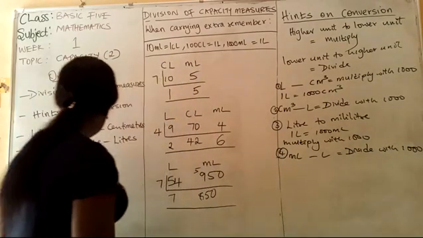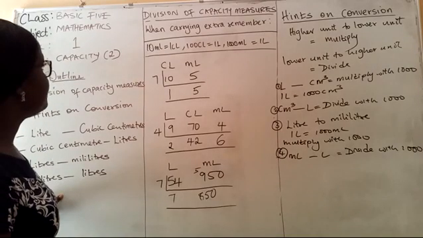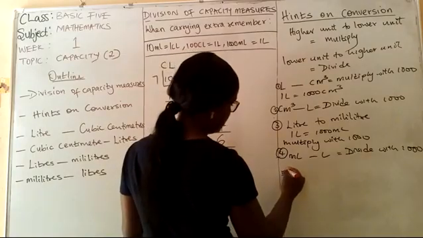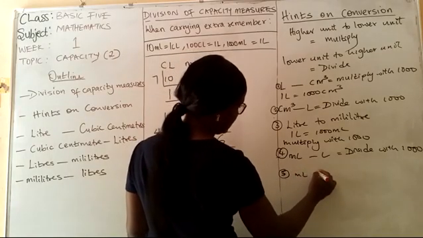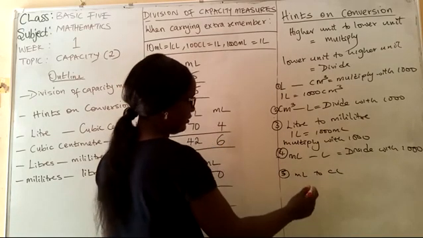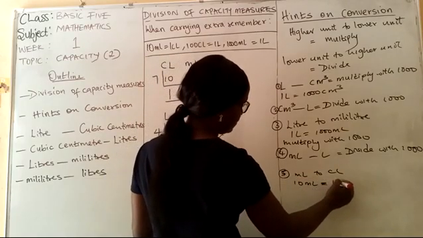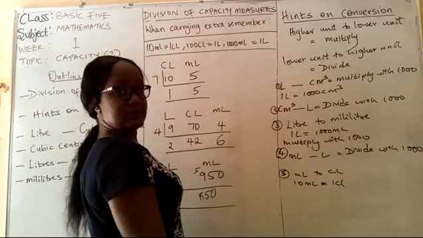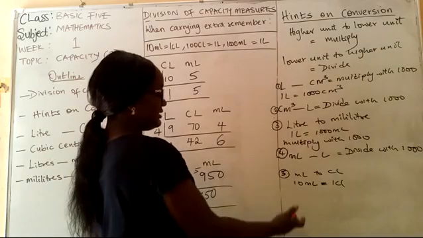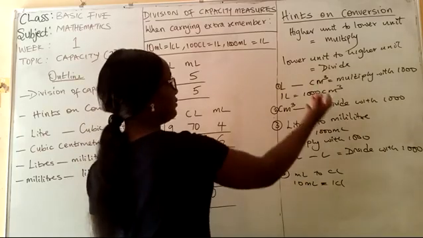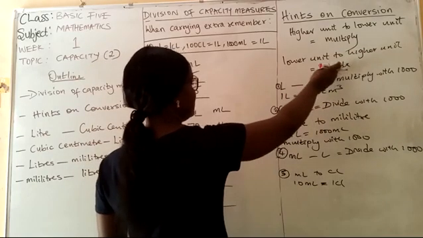1000. How about when you're converting from, okay, let's say milliliter to centiliter. You should remember that 10 milliliter will be giving you 1 cl. And you know that this is a smaller unit to a higher unit. And so, when from lower to higher, you divide, right?